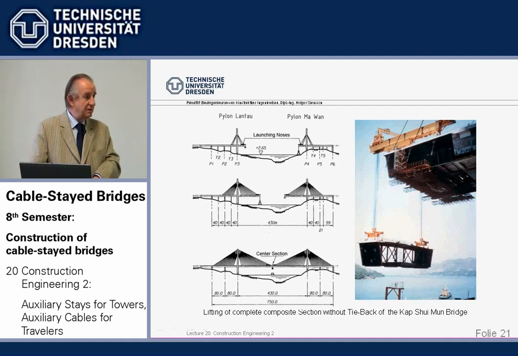Well, there we know that with very little additional effort, we can lift the full weight with this lifting beam supported by 2 cables back. And that was done. We see it here. It's one of the heaviest elements ever lifted. I mentioned it before because it's composite.